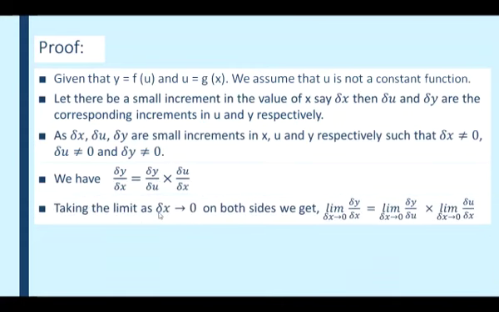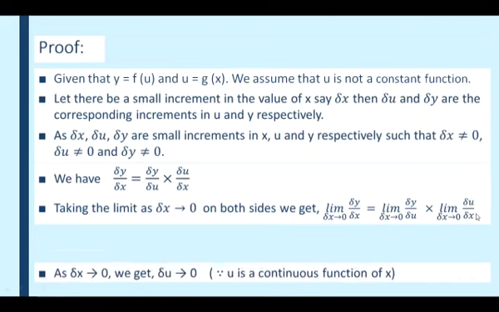So taking limits as delta x tends to 0 on both sides, we can write limit delta x tends to 0 of delta y upon delta x equal to limit delta x tends to 0 of delta y upon delta u into limit delta x tends to 0 of delta u upon delta x.